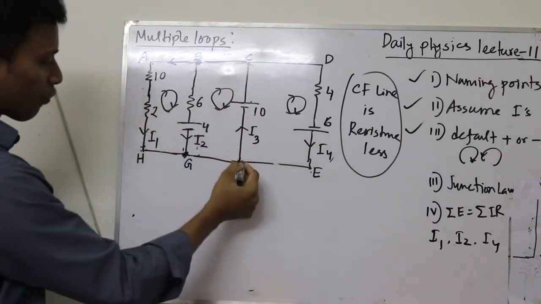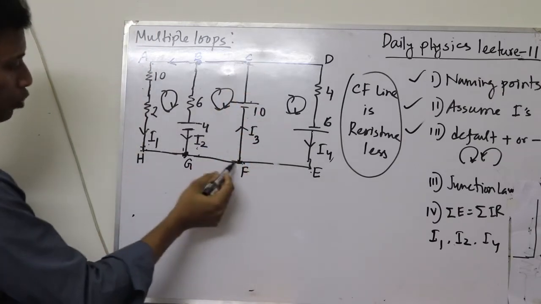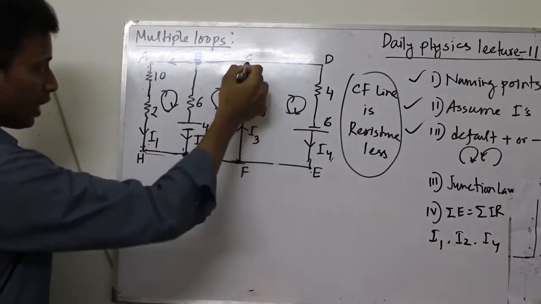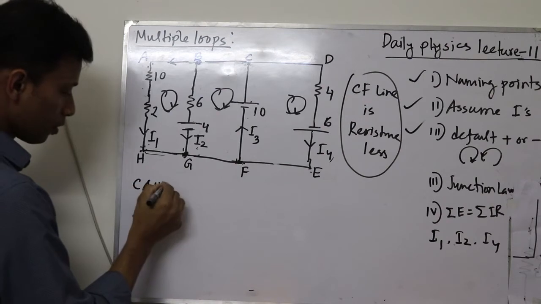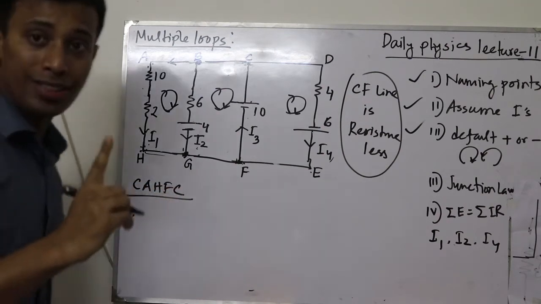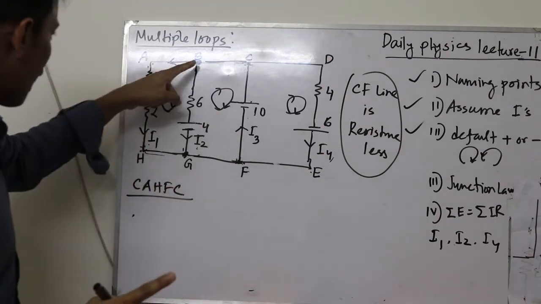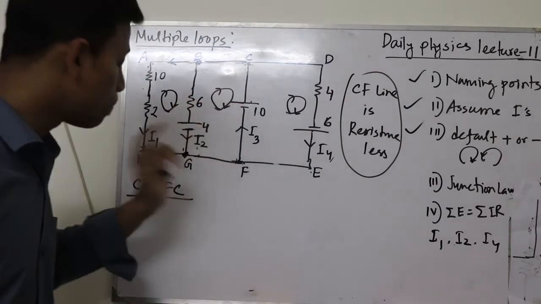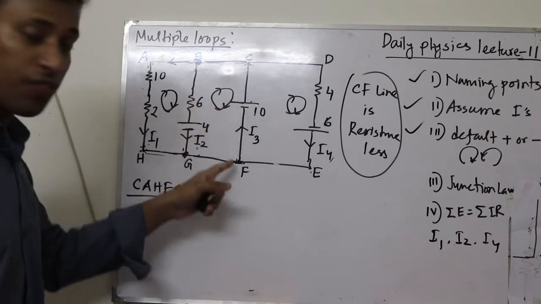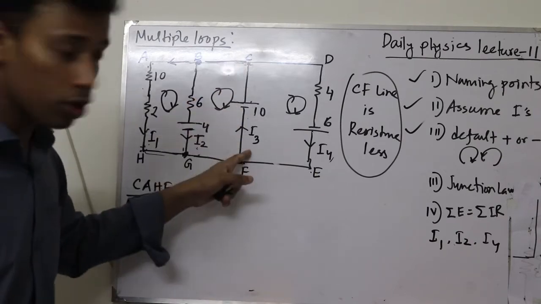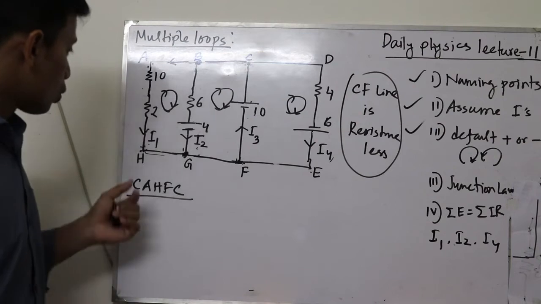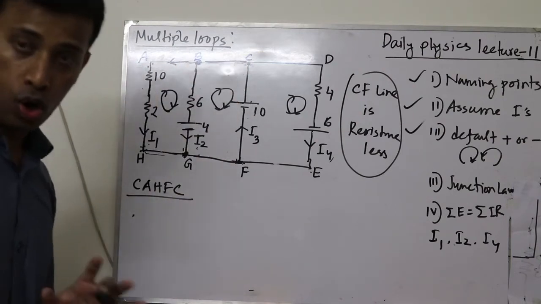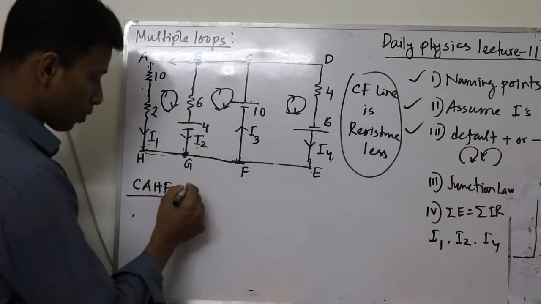So if I take CF common and I want to get I1, I have to take this loop from C, A, H, F, C. Because I want to get I1, the current flowing through BA, and I want to take CF as common, I should take the C, A, H, F, C loop.